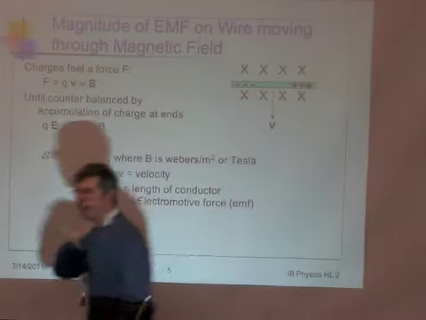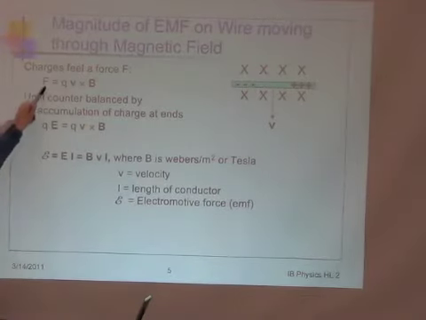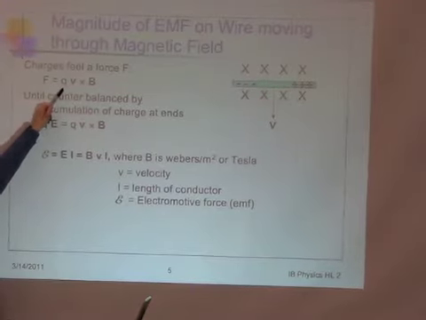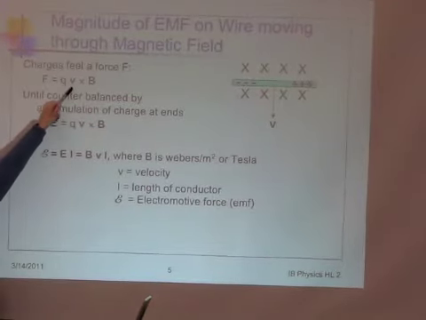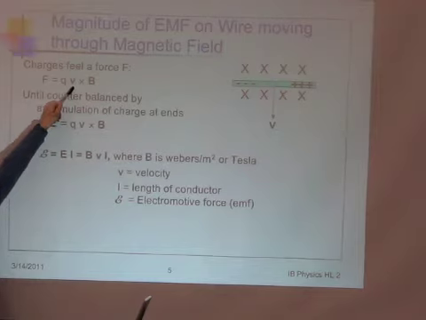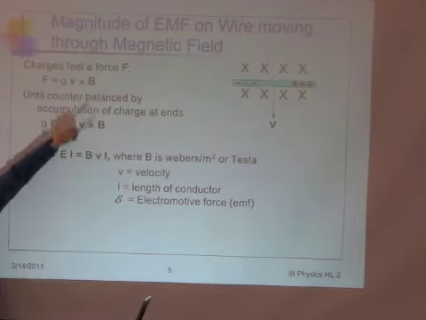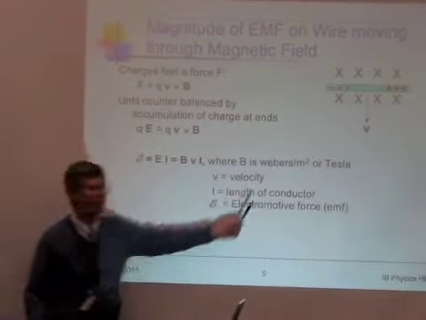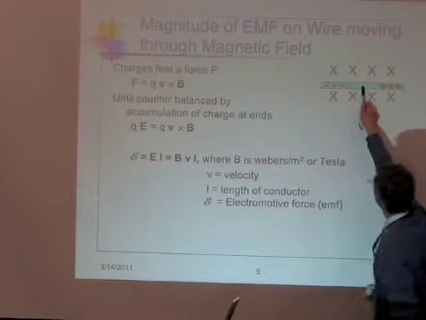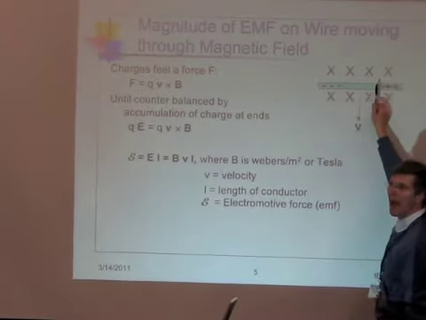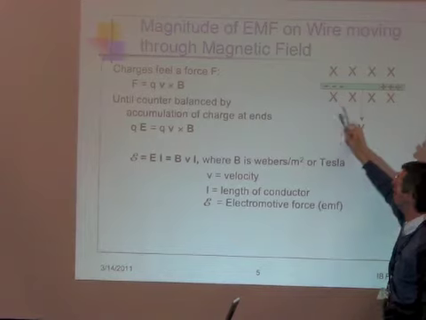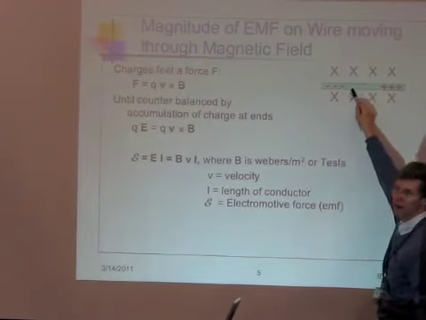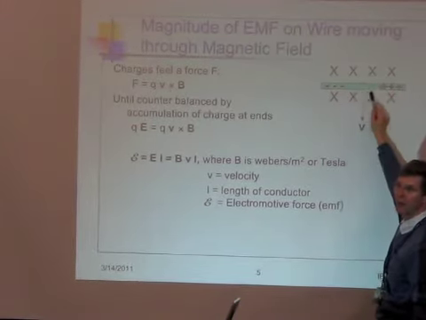And the force that each charge feels is the charge on an electron or a proton times the velocity that the conductor is moving times the strength of the field. That's the force that the particles here are going to feel moving to the right. And they'll continue moving to the right until, let's say you have a positive particle here, and it's getting pushed over here by the magnetic field, but then you build up positive charges here, and those will repel positive charges.